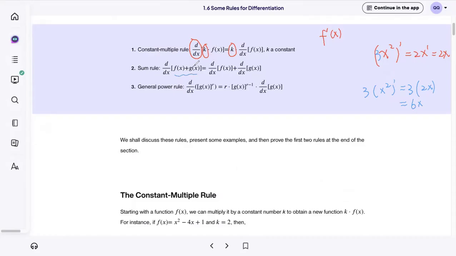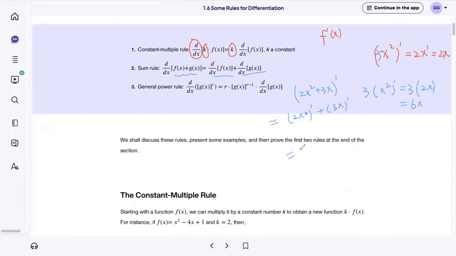And if we have two functions adding together, we can differentiate each one. So what does that mean? That means if I have 2x squared plus 3x, right? If I want to differentiate this, I can differentiate separately. I can differentiate 2x squared, and then I differentiate 3x.